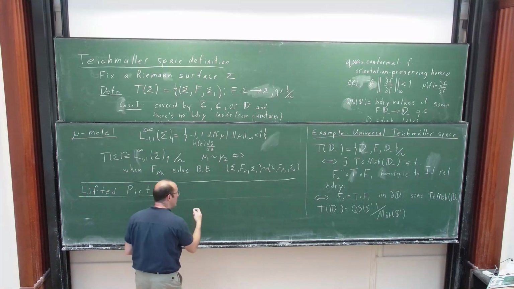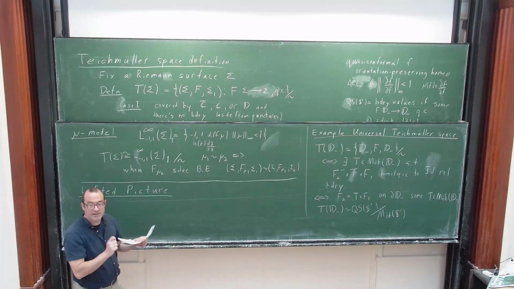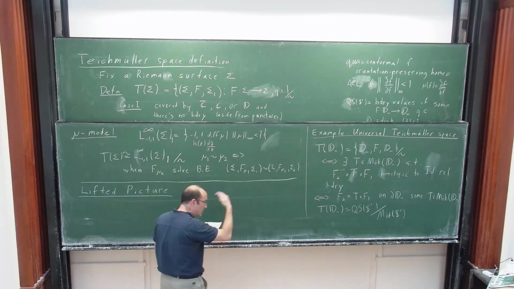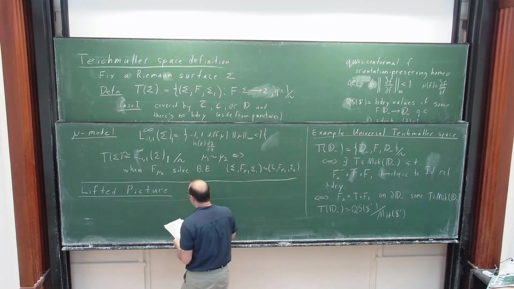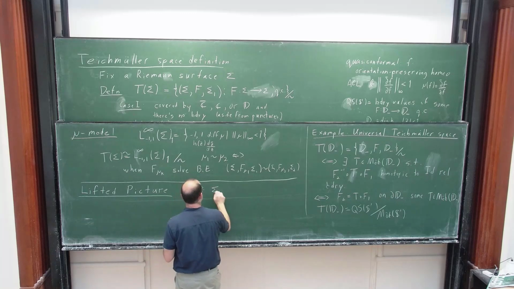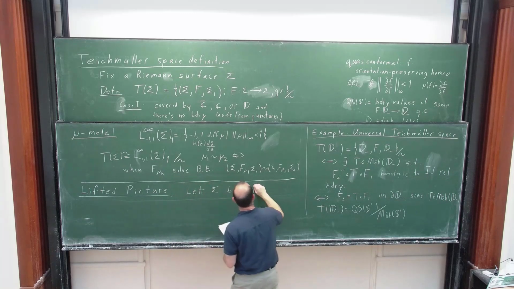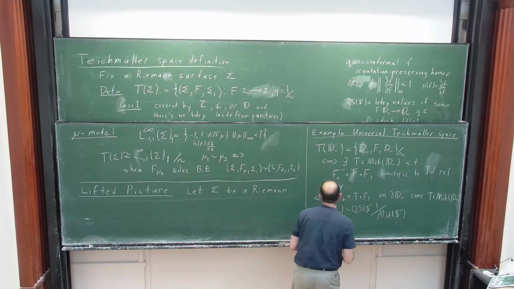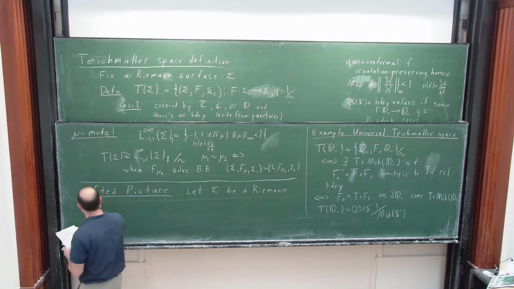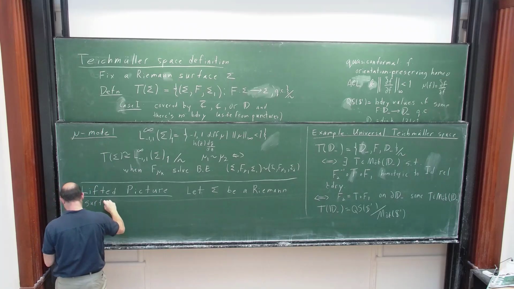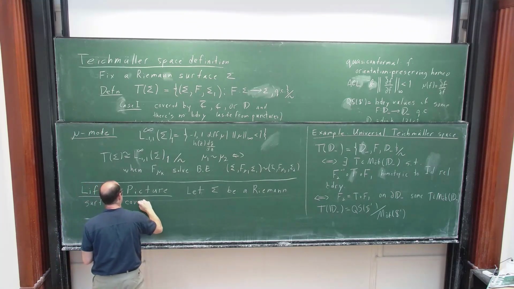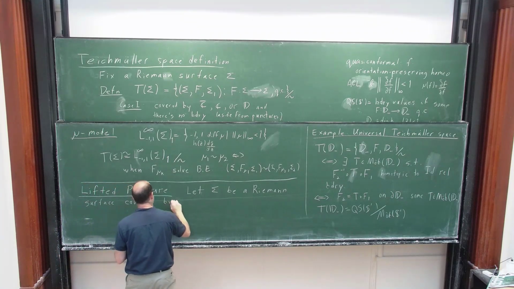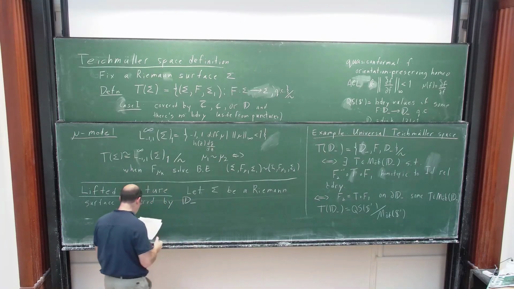Generically, I'm just going to consider the case when it's covered by the disk, though you can handle the other cases too. So let sigma be a Riemann surface covered by, and again I'm using D minus.